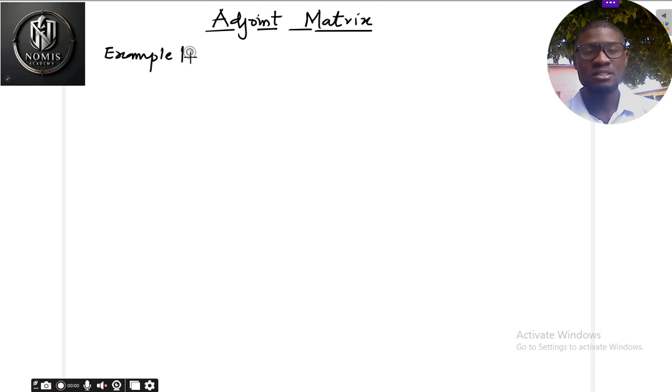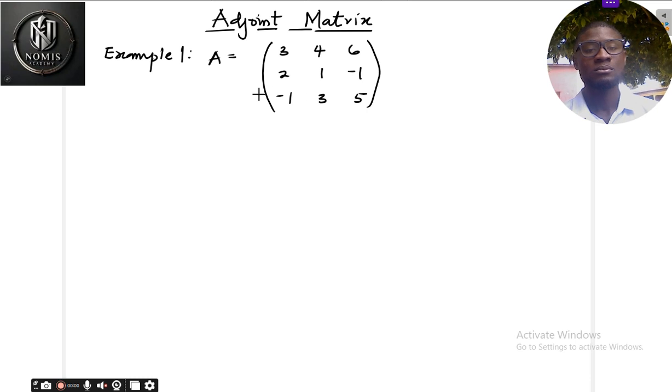So let's take example 1. Matrix A is equal to 3, 4, 6, 2, 1, minus 1, minus 1, 3, and 5. So this is what is contained in matrix A.